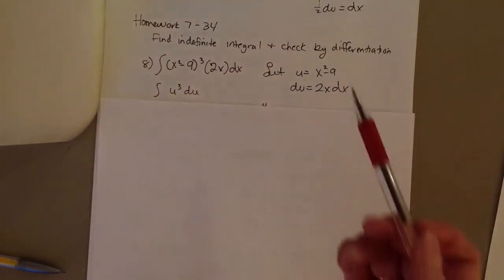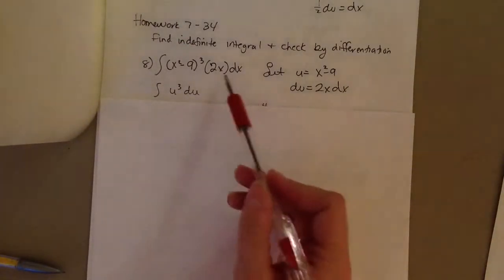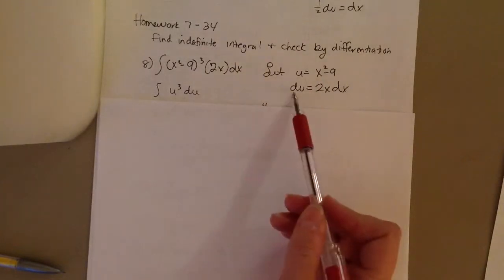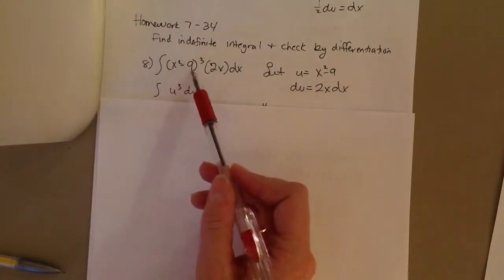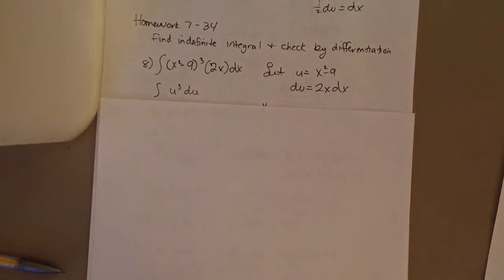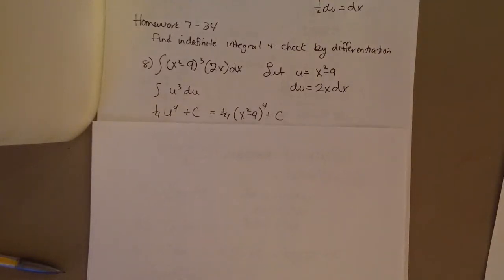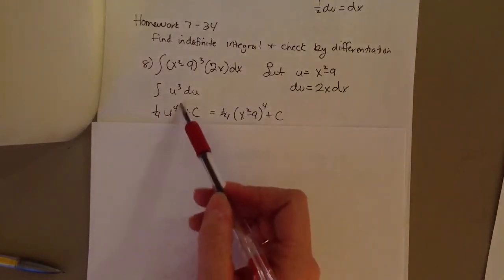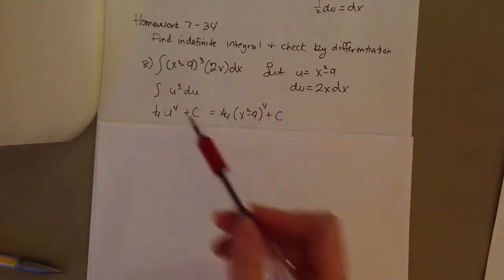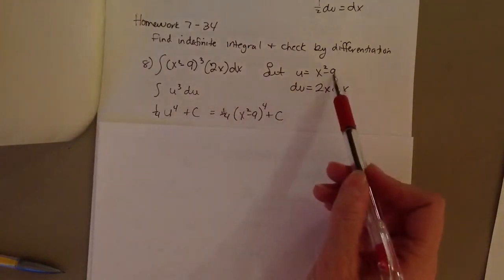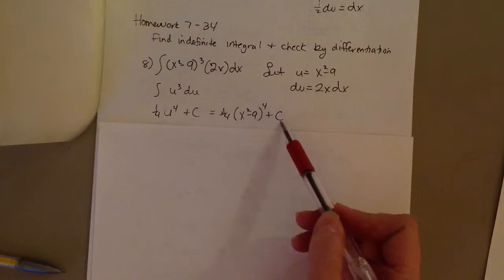Now I'm going to substitute. So 2x dx is my du, and the x squared minus 9 is my u, so it's u cubed. That I can take the antiderivative of. That's 1/4 u to the 4th plus c. Now I'm going to go back and resubstitute what u was, x squared minus 9.